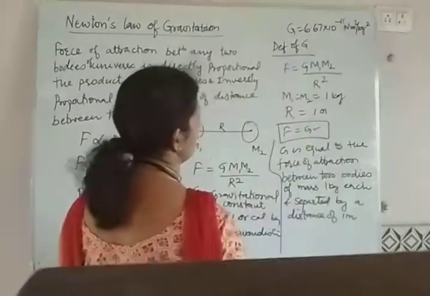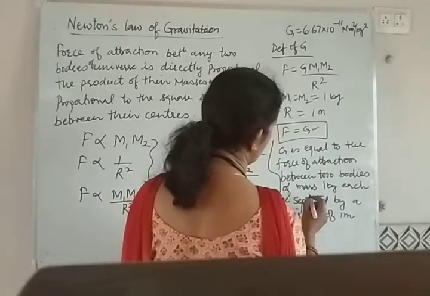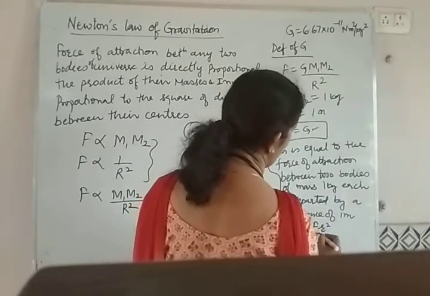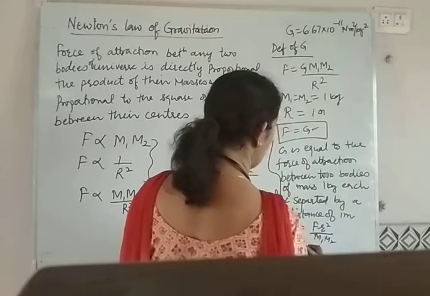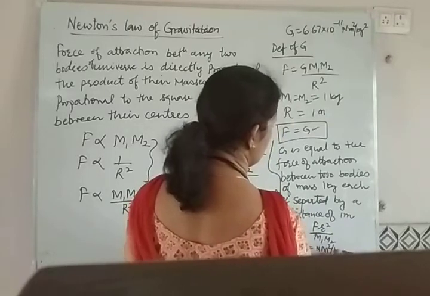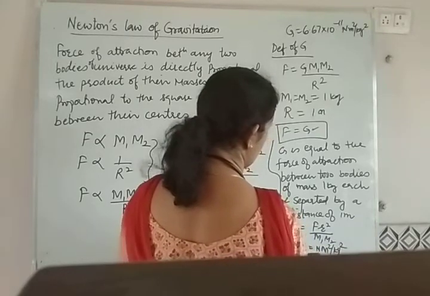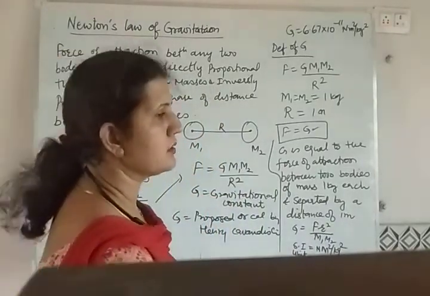So this is G. And how will you find the formula for G? Take R square to the left hand side, you will have F R square divided by M1 M2. So the SI unit becomes Newton meter square per kg square. This becomes the SI unit. Got it, students? You can note down all the points.